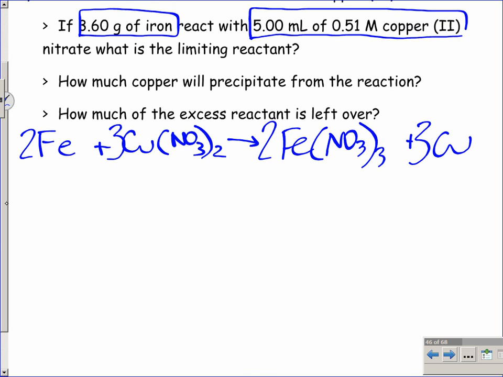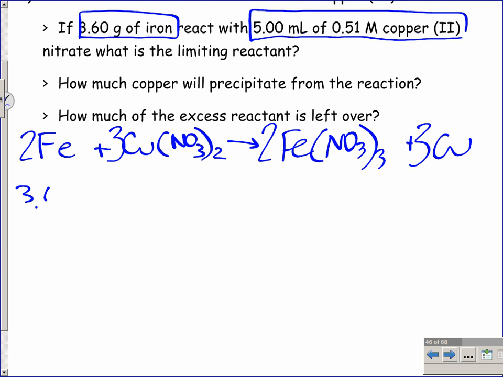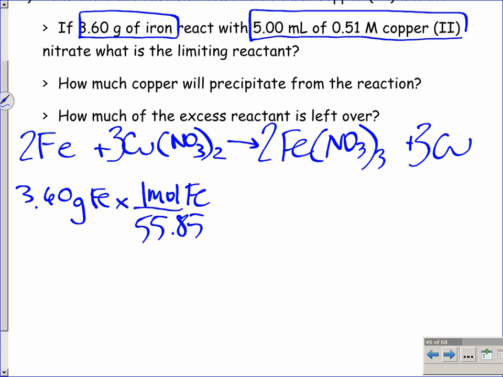3.6 grams of iron. That's easy. Take it to moles. What do you have to do? What's the molar mass of iron? Beautiful, 55.85 grams of iron. All right, so you are calculating with me, so I make sure I'm not moving too fast.